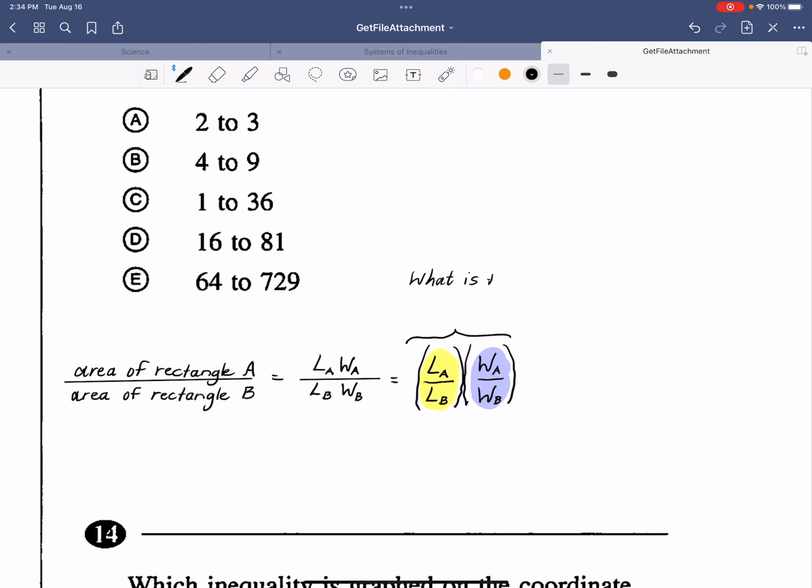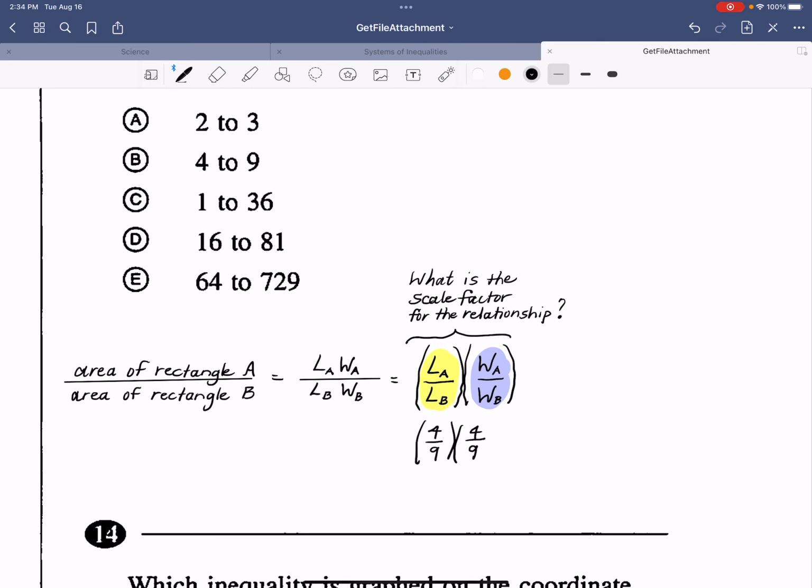What is the scale factor? Remember, a factor is just something that gets multiplied for this relationship. And hopefully it's in your mind. They're related at a 4 to 9 relationship. So the lengths are related that way, and the widths are related that way.